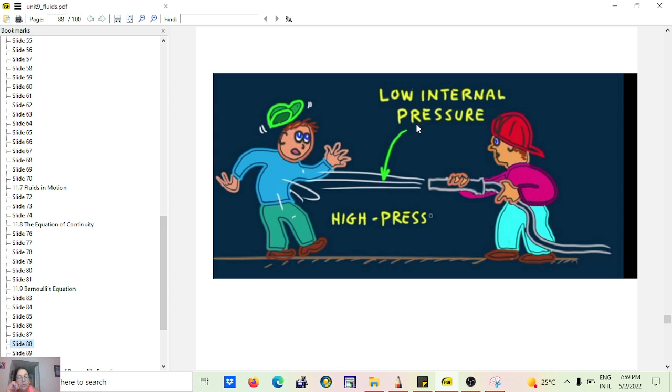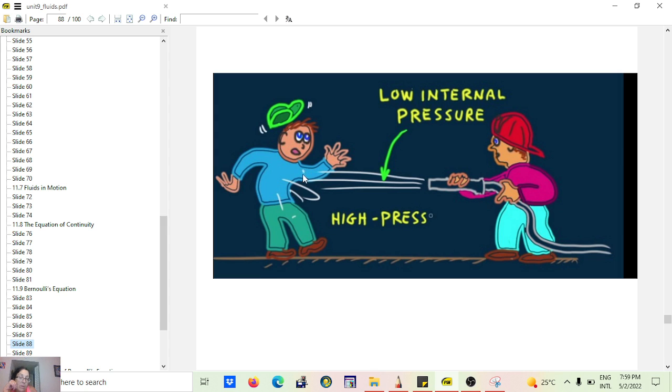Okay, so here you see you have a low pressure here, and of course that low pressure here is going to turn into a high pressure there when the speed stops. So you see you have a fluid moving here really fast, and then here the fluid is stopped, right? So here you have no more speed, like the speed is zero.